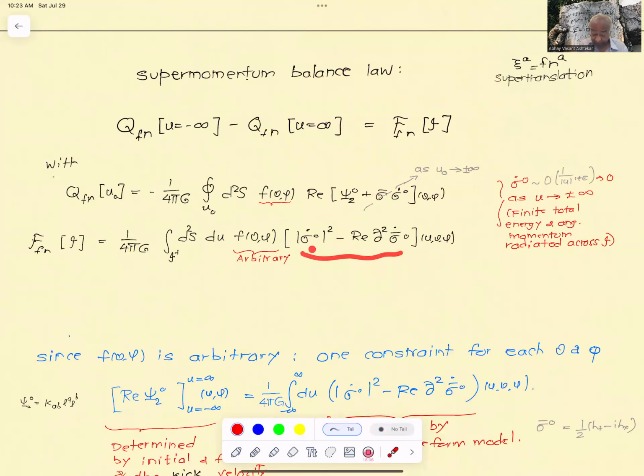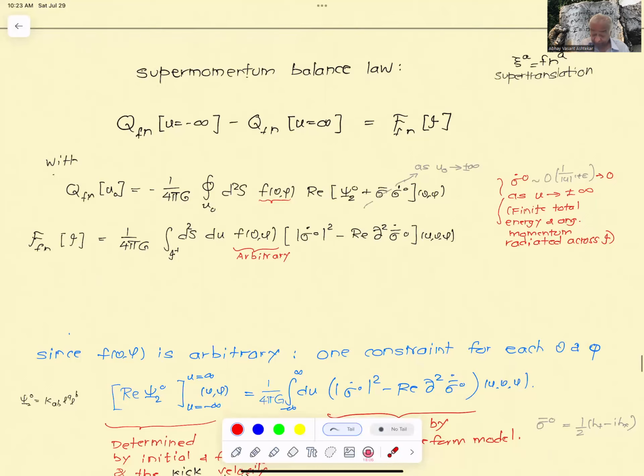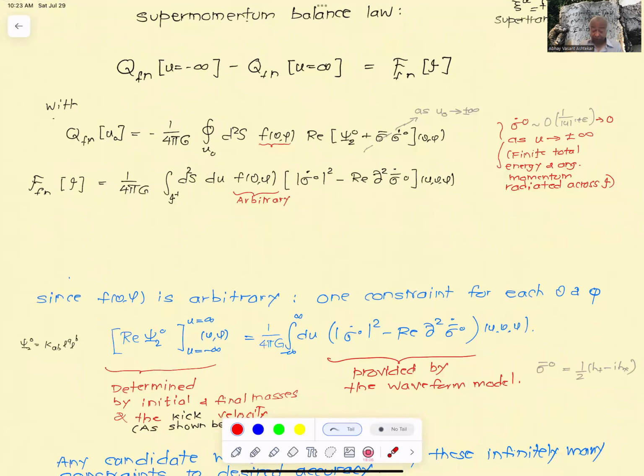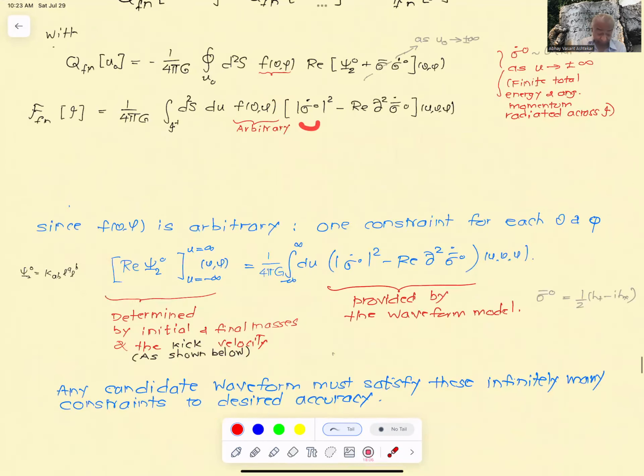Then I have here nu squared, and then h squared of nu. So this is quadratic in nu, as I told you last time, and this is linear in nu, in the terminology that is often used in celestial mechanics or celestial holography. This is the soft term, and this is the hard term.